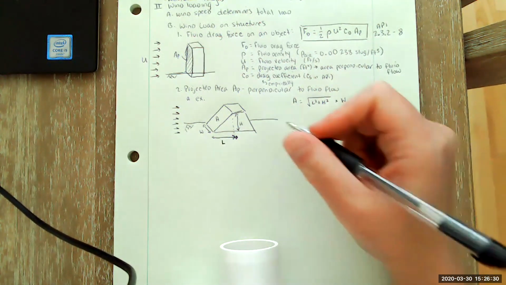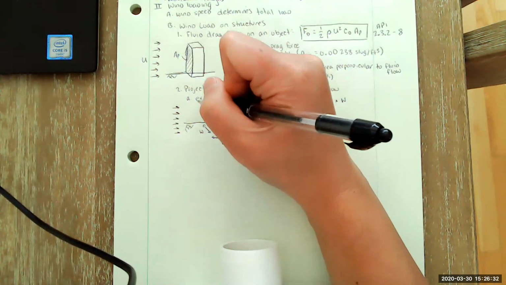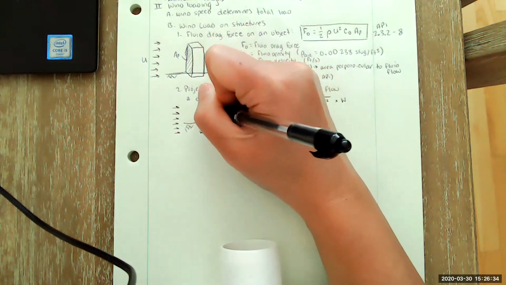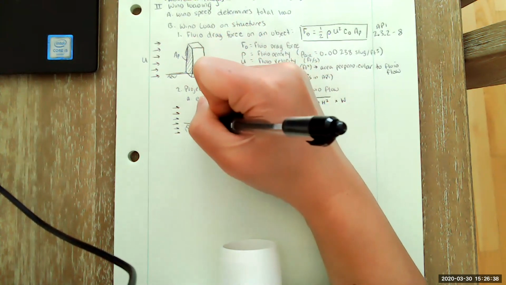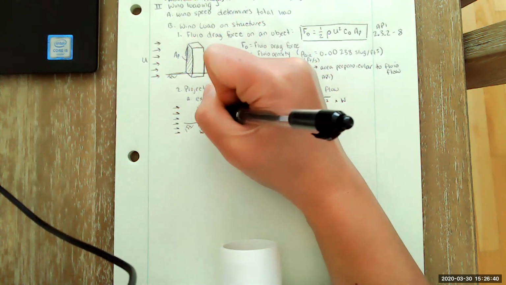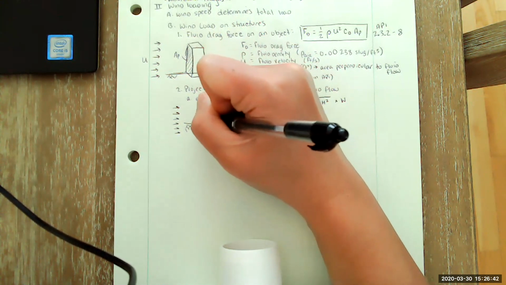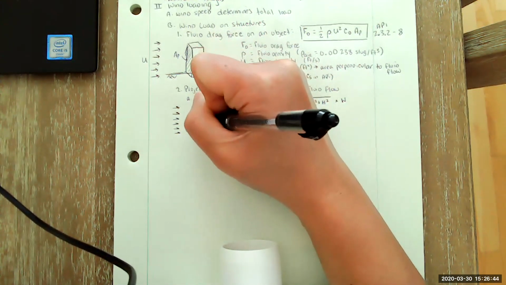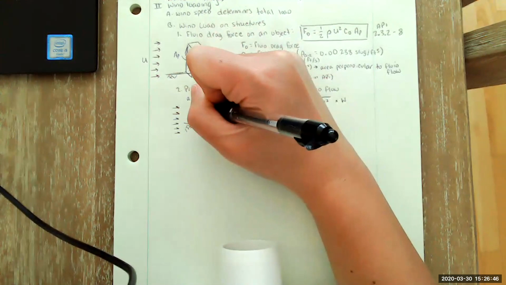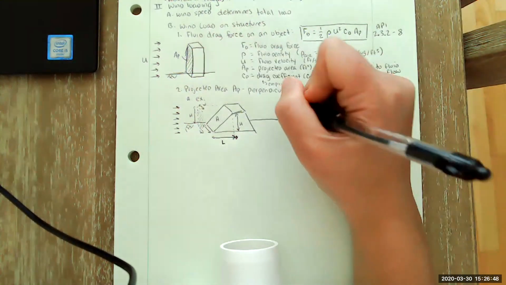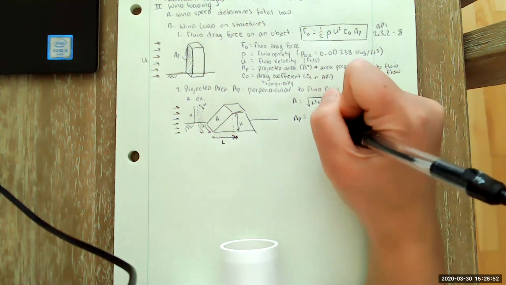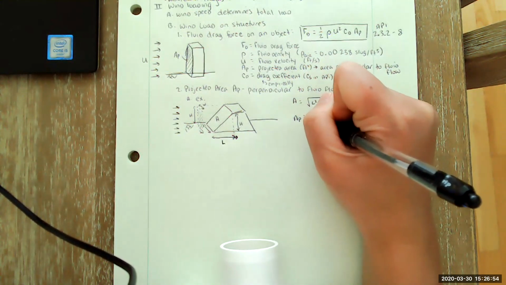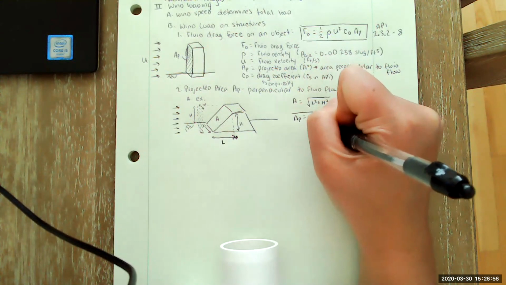But if I take the projected area that's perpendicular to the flow, basically I could extend this out, and I'm going to have some shape that is still a rectangle with height H and width W. So my projected area is equal to H times W.